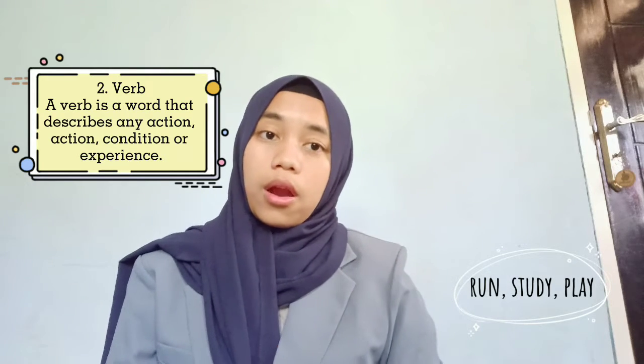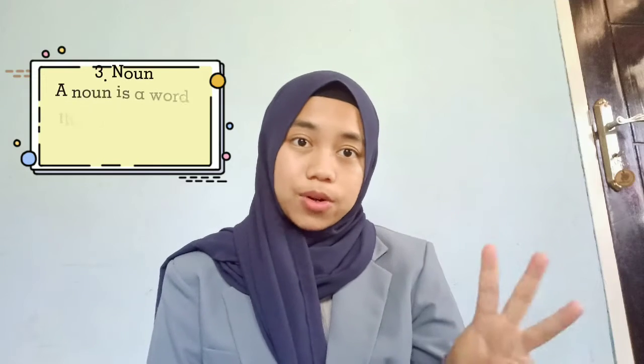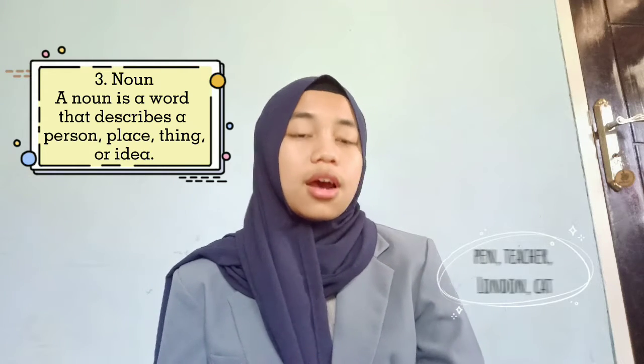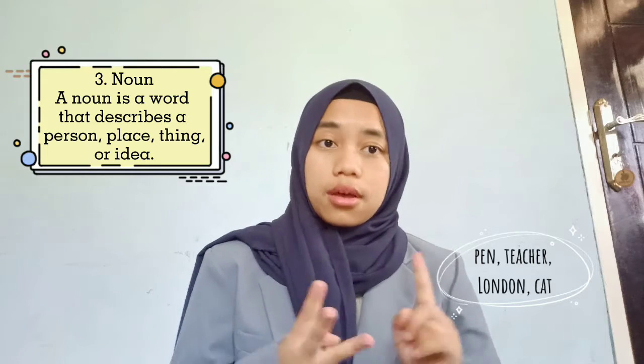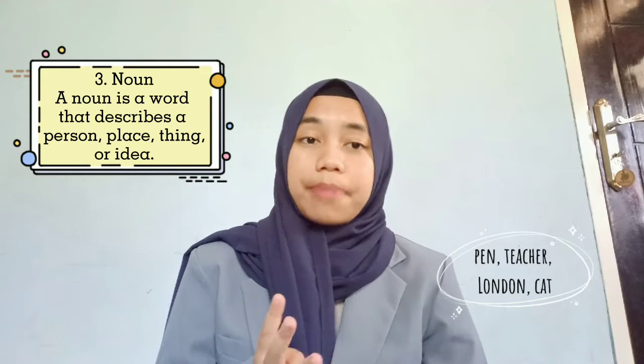Example: run, playing, study, etc. The third is a noun. A noun is a word that describes a person, place, thing, or idea. Example: teacher, London, cat, and pet.